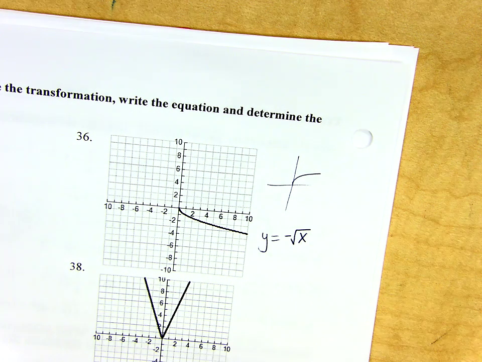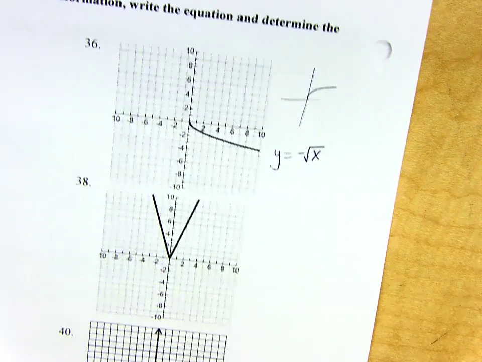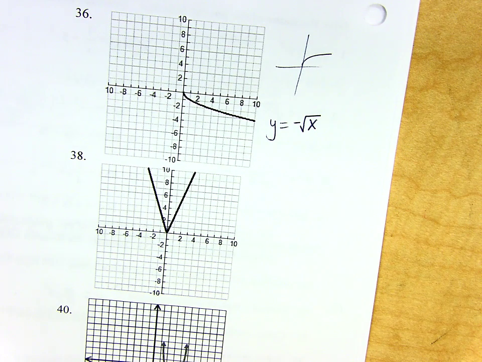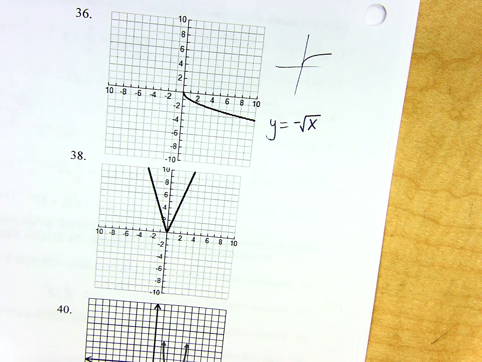However, if you look at 38, who has this V-shaped graph? Absolute value. So this is going to come from an absolute value. They didn't shift it at all. They didn't pick it up and move it left, right, up, or down. But what has been done? Right, it's a more narrow V shape.